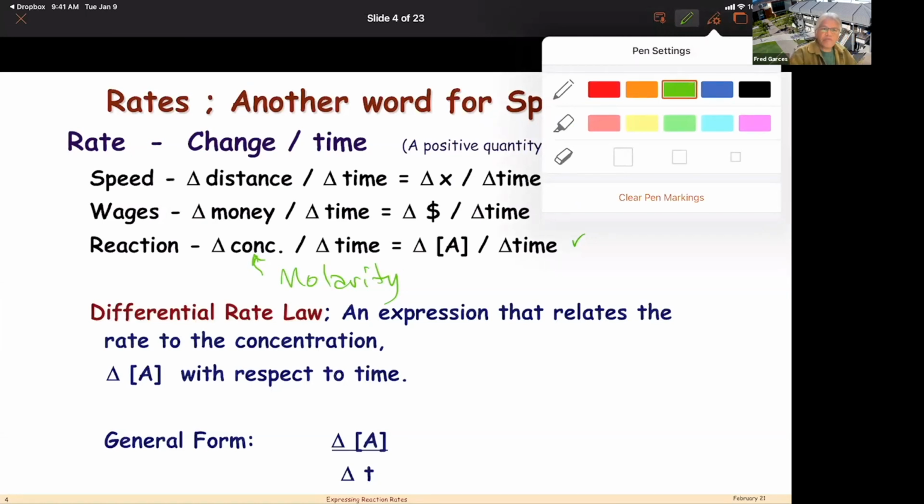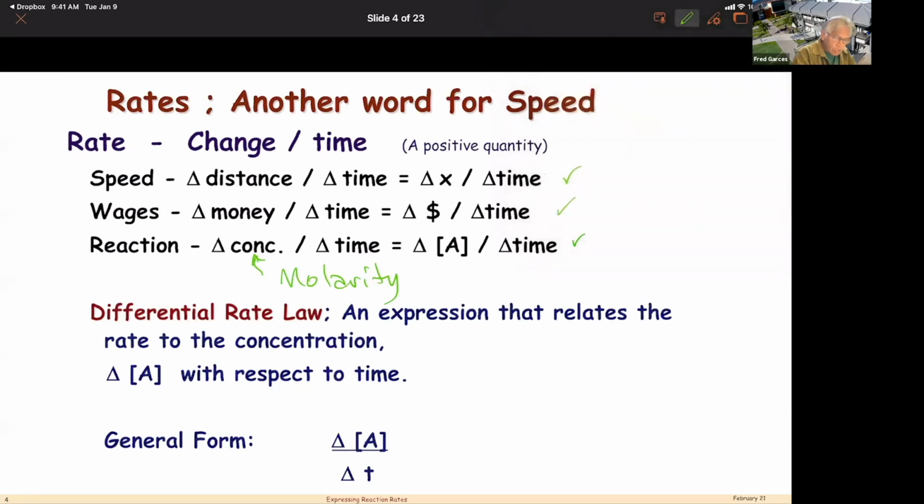So if we don't look at the change, but we make the change very, very small, then what we have is a differential rate, okay? And for those of you in calculus, then you know what that means. You make the change very, very small, infinitesimally small, and then you can do a derivative.